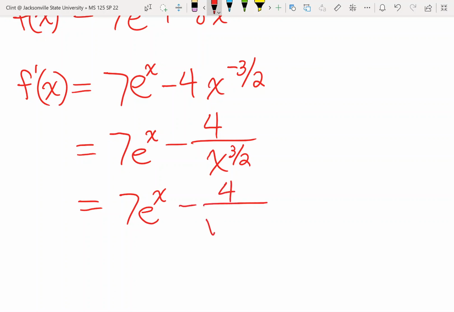So then that would be square root of x to the 3rd. So WebAssign's okay with this. Which is good. I was stressing a little bit thinking WebAssign was going to make us get rid of negative exponents every time.